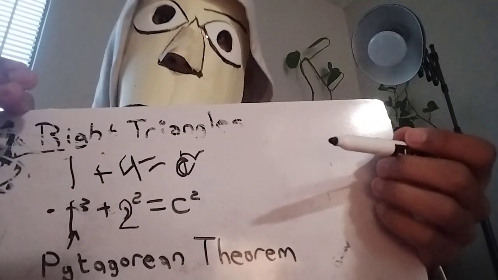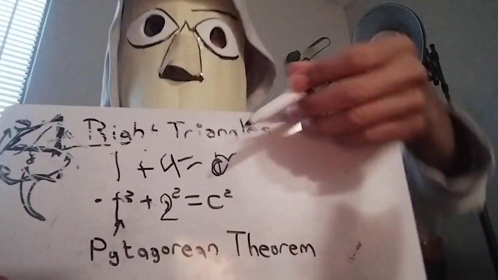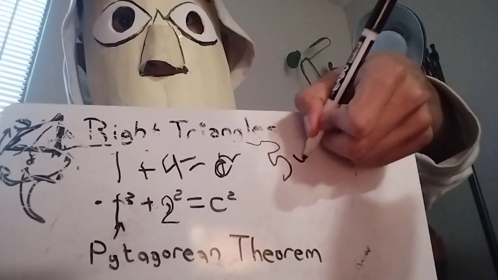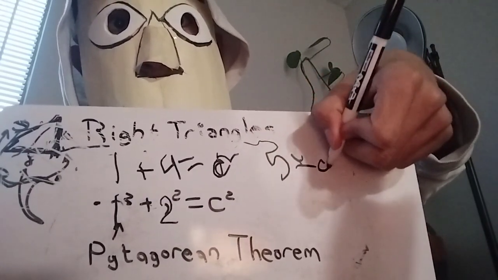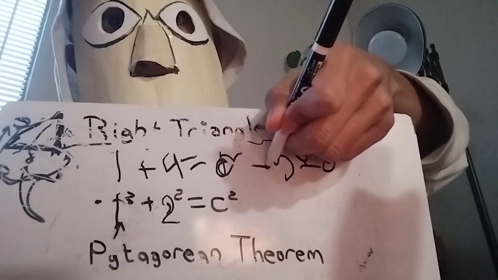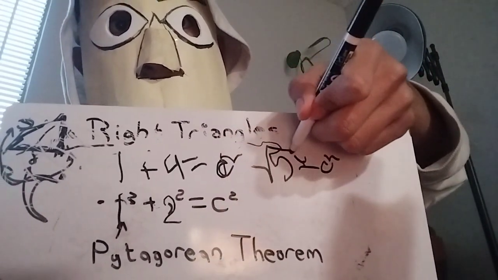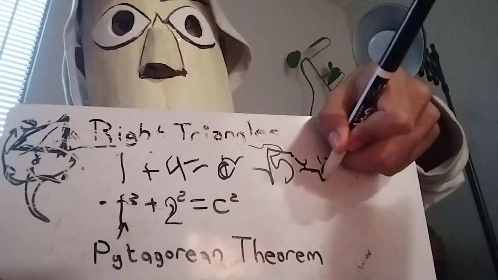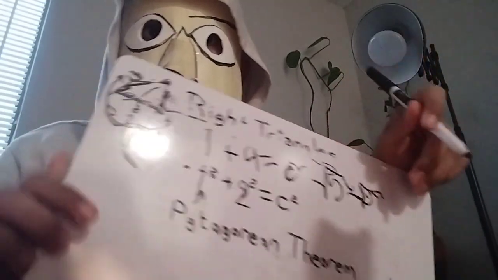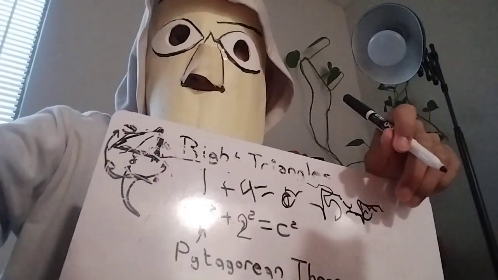C times c would be 5. So we need to add this together to know that 5 is c squared. Next step, we square root the 5 and the c on both sides. Remember how in algebra you do the same thing on each side. I'm going to have to continue this video.